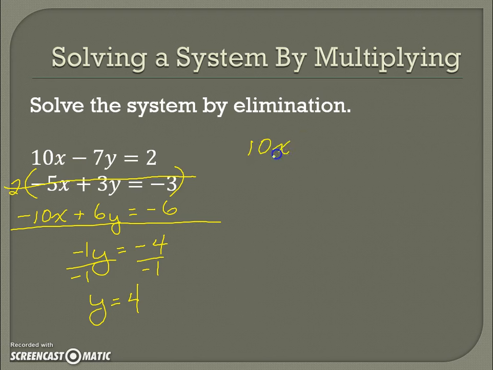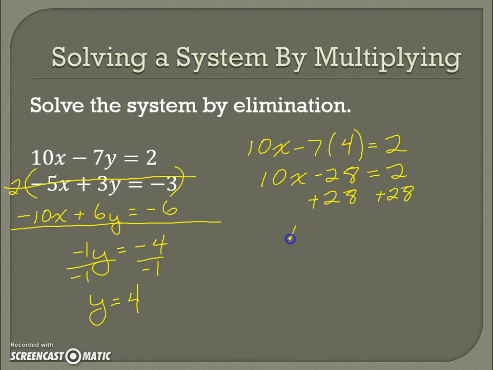So I have 10x minus 7 times 4 equals 2. 10x minus 28 equals 2. Add 28 to both sides, and I get 10x equals 30. Divide by 10, and x equals 3. So my ordered pair on this is 3, 4.